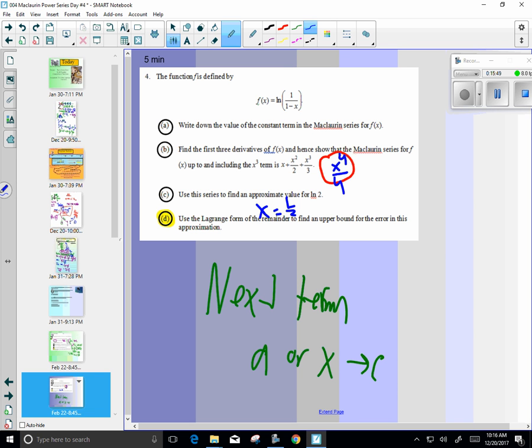So you figure out that value, 1/2 to the 4th over 4, and that's going to be your approximation for the error. It's just the value you put in to get that next term.